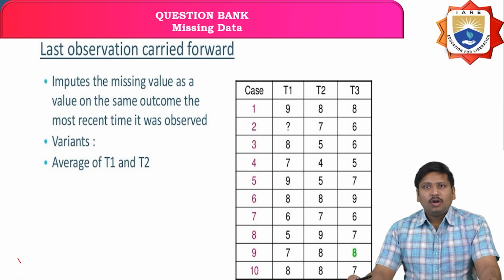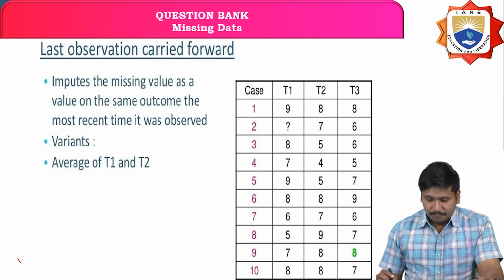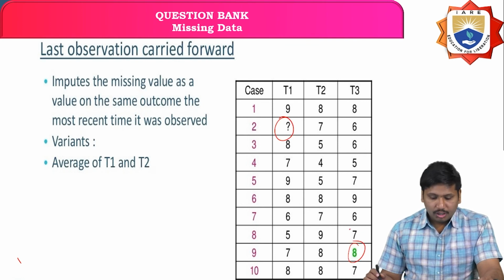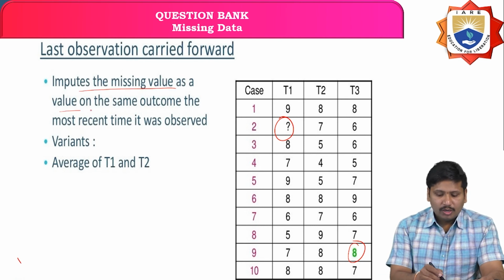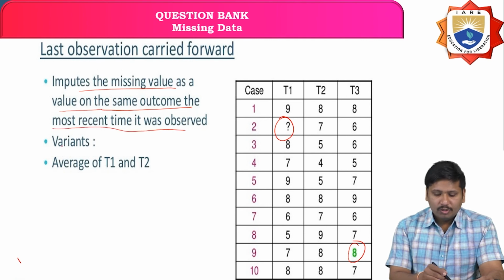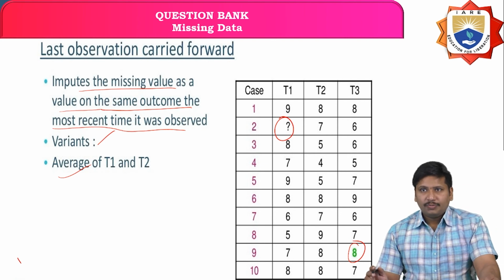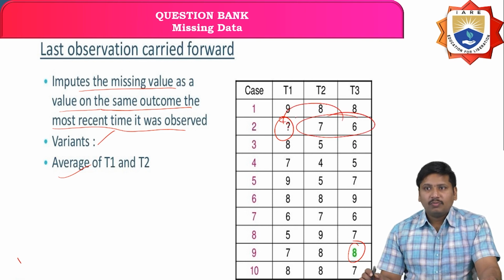And next one is last observation carried forward. Where the data is missing, according to this method, it imputes the missing value as the value on the same outcome at the most recent time it was observed. So I can take the average of T1 and T2. If this data is missing, I take the average of these and fill in the missing value.